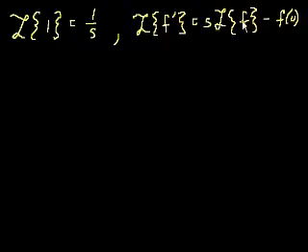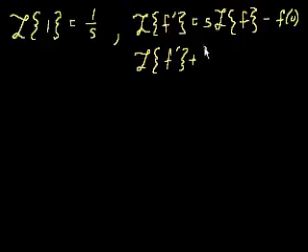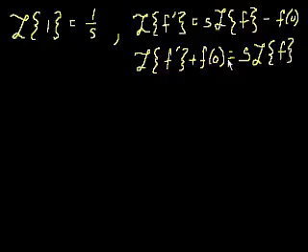Or another way, let's rearrange this. If we know f prime, how can we figure out the Laplace transform of f in terms of f prime and f of 0? So let's rearrange this equation. The Laplace transform of f prime plus f of 0 is equal to s times the Laplace transform of f. Divide both sides by s, and I'm also going to switch the sides.